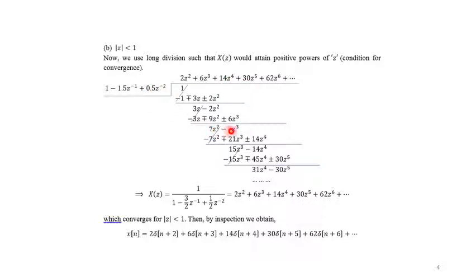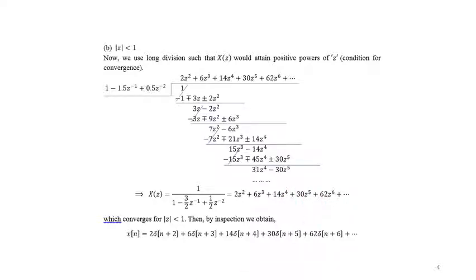Similarly we continue with this one and we go on. So x of z equals 1 over 1 minus 3 by 2 z inverse plus this, and this is equal to 2z square plus 6z cube plus 14z power 4 plus 30z power 5, and so on.